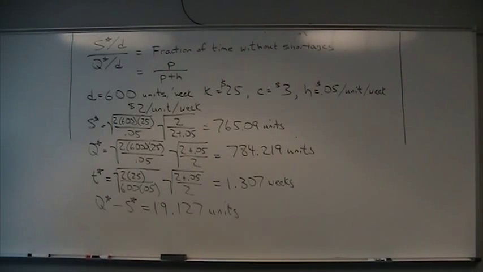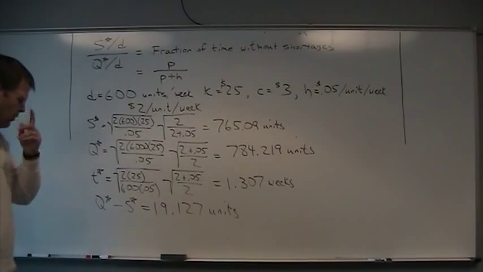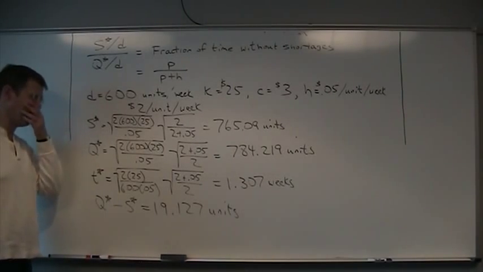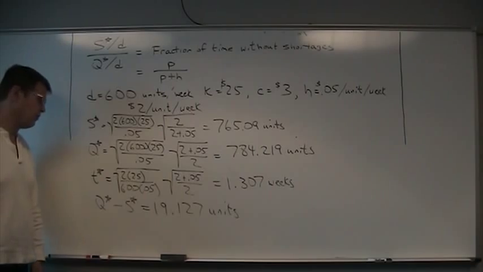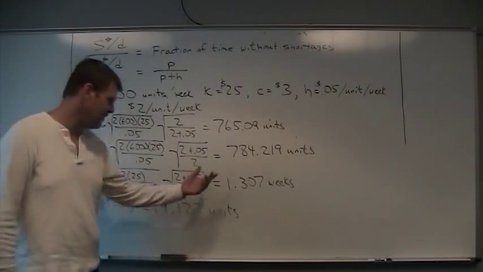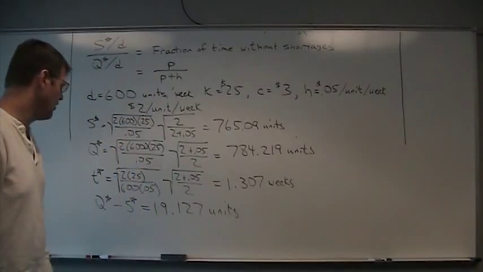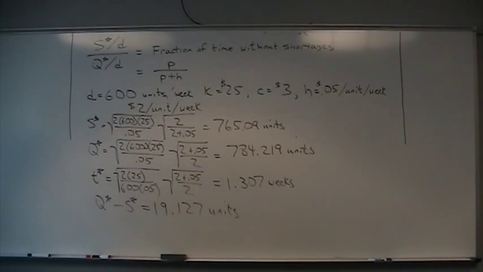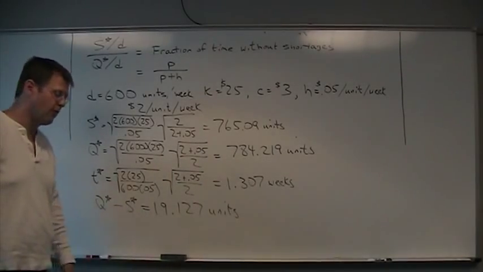One thing to notice about this problem, something I mentioned earlier when we were talking about all the relationships, we don't have much in the way of planned shortages here. If you think about this in terms of the overall order size, we're only talking about 19 out of 784, so we're slightly between 2 and 3% of the total cycle usage of orders in terms of our shortfall.